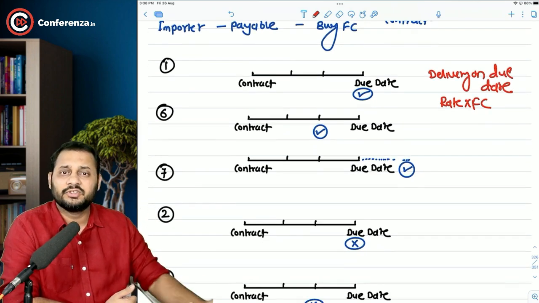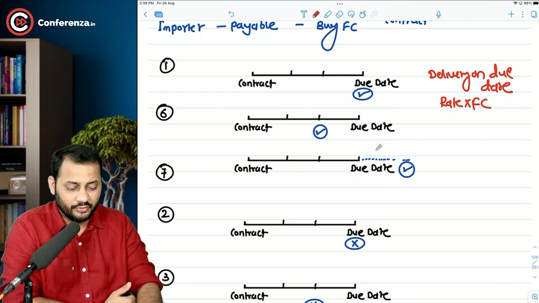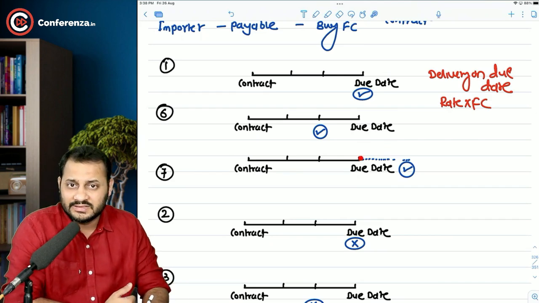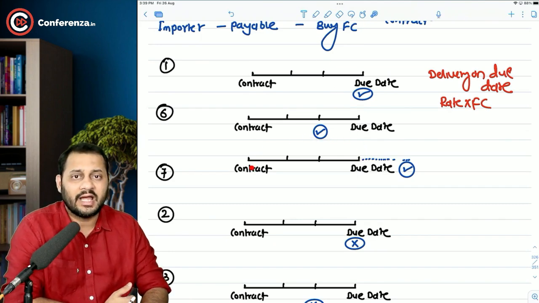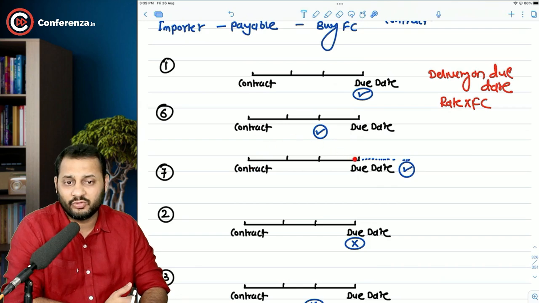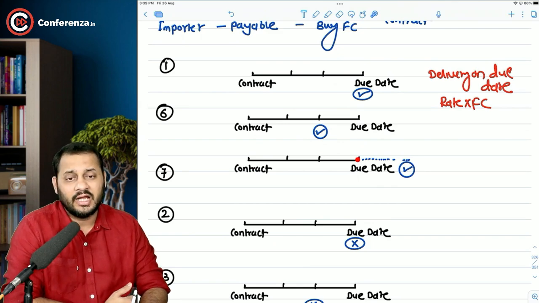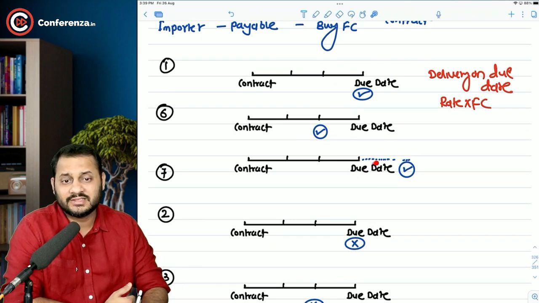There are certain situations where it is impossible for you to deliver the foreign currency. That means to buy or sell the foreign currencies on the due date. Although you had agreed that you will buy or sell foreign currency on this date, sometimes it becomes difficult to deliver it on due date, and that's why you deliver it after due date. So this is called late delivery, because now you are late.